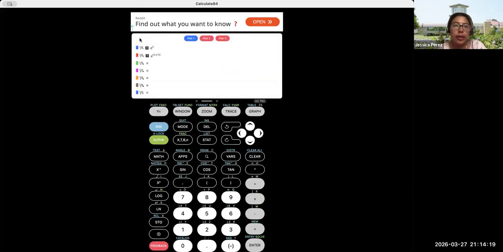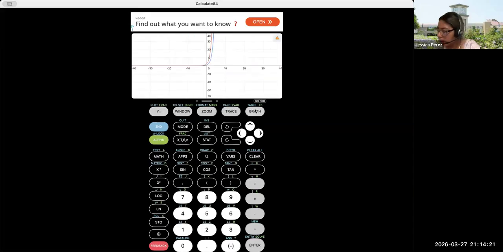So if you go back, the blue one is the original function. So this is e to the x, and then I'm going to shift everything to the left. So you shift e to the x plus 1, 1 unit to the left.